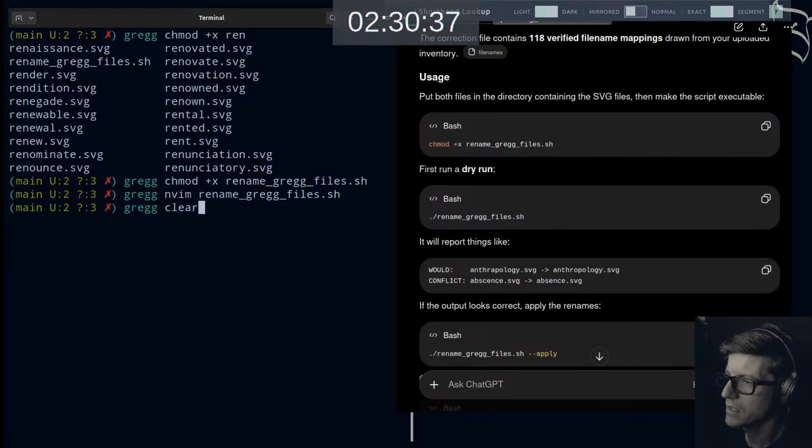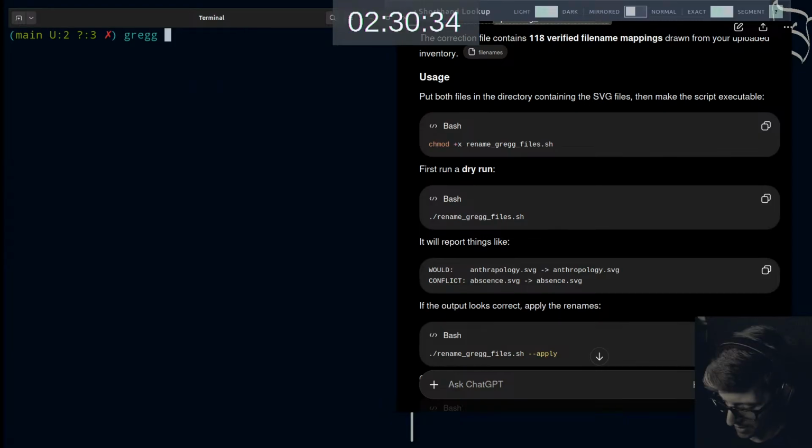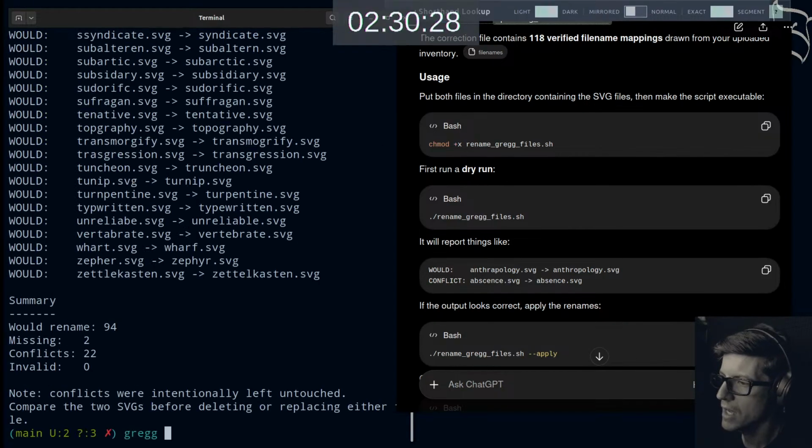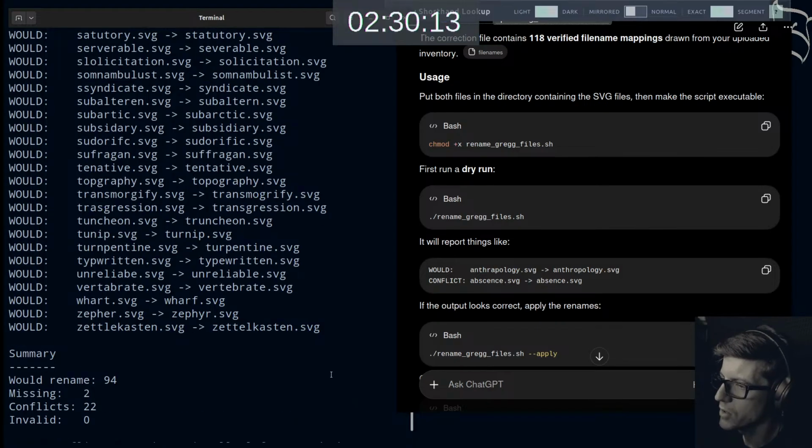So let's go ahead and clear the screen out. And now I'm going to go ahead and I'm going to run rename greggfiles.sh. Okay. And this tells me it would rename. It's missing 2 and invalid 0. Okay. Conflicts were intentionally left untouched. Compare the last 2 SVGs before deleting or replacing the file. Okay.